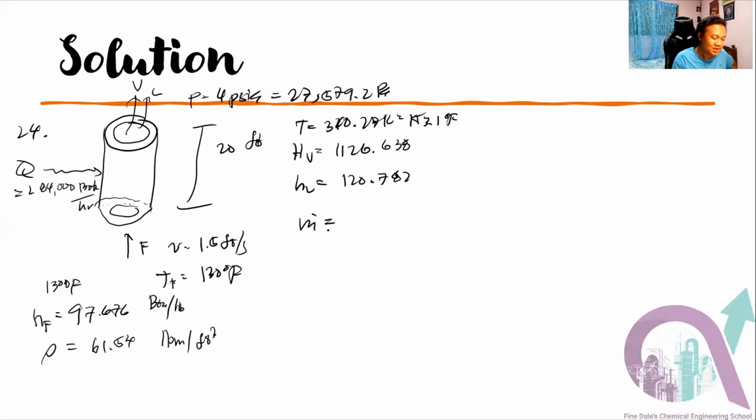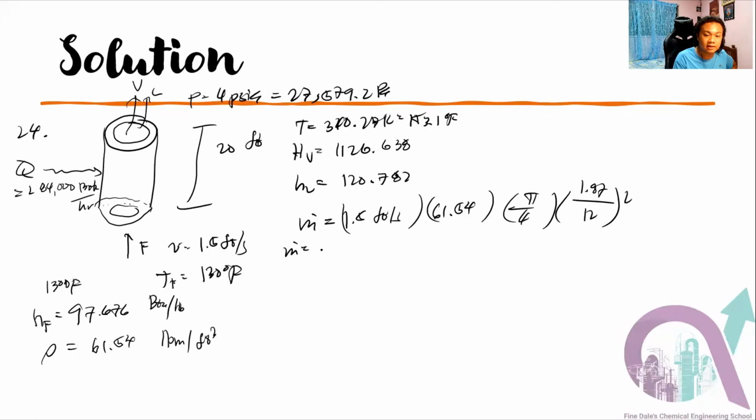Okay, so 1.5 feet per second. Also, this is the density, and then you have to find the area. Okay, this is the area, then 1.87, the inner diameter converted to feet. And you get 1.76 pounds per second.